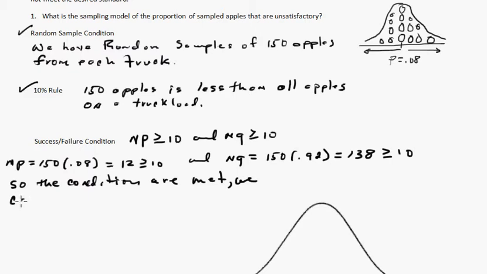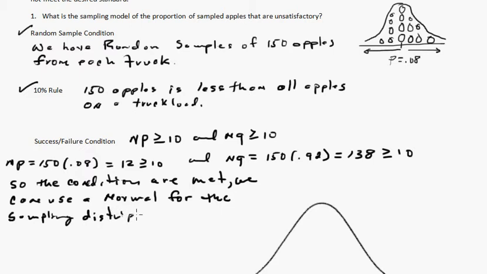We can use a normal model for the sampling distribution of the proportion of bad apples. I'm just going to say bad instead of unsatisfactory.